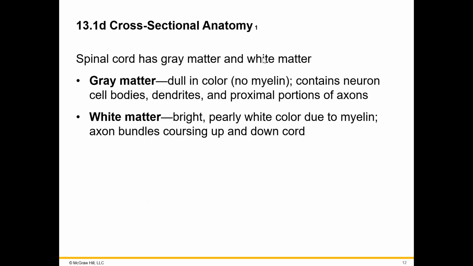The spinal cord has gray matter and white matter. Gray matter is different from white matter because white matter is due to the myelin sheath. This myelin sheath is like saran wrap around the axons. We talked about this last week, that around the axons you have saran wrap that's going to increase the conduction speed.